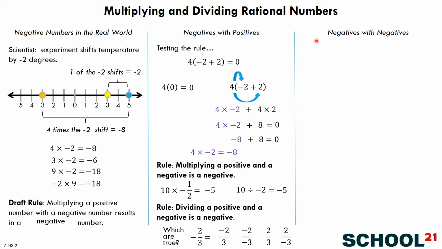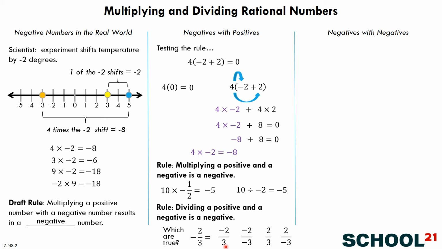Oh, wait. Before we get there, let's go down here and ask ourselves if we're understanding negatives and positives. Which are true? Negative 2 divided by 3, or negative 2/3. If it were negative 2 divided by 3, would that be the same thing as negative 2/3? We have a negative and a positive.